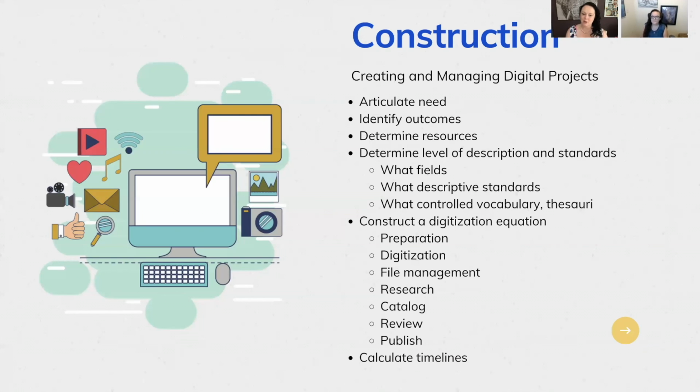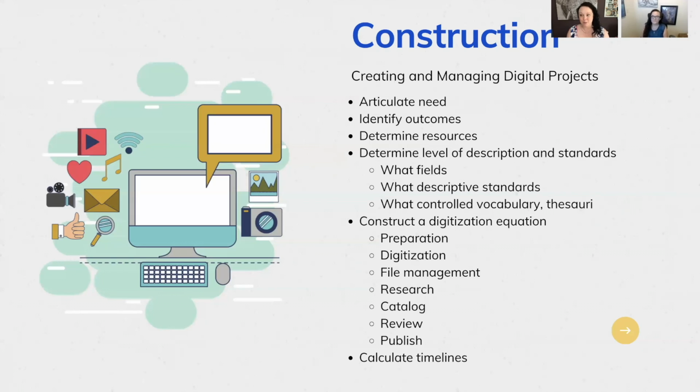Will this project help you build better representation in your collections? Will this project help preserve the items because you've digitized them and removed them from frequent use? Those are outcomes, and those are what are really going to speak to grant acquisition, grant reviewers, your executive director, donors and funders, etc.